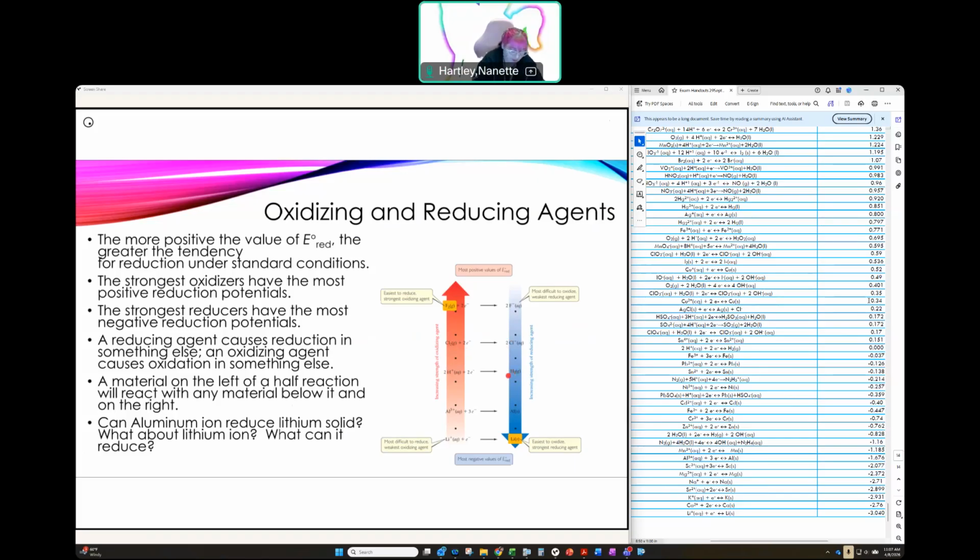So I know that Cl2 can react with H2 to give me 2 Cl minus plus 2H plus. That absolutely will happen, and that's based on those energies. Now, can aluminum ion reduce lithium solid? Well, aluminum is right here. Lithium solid is here. So yes, that is absolutely true.